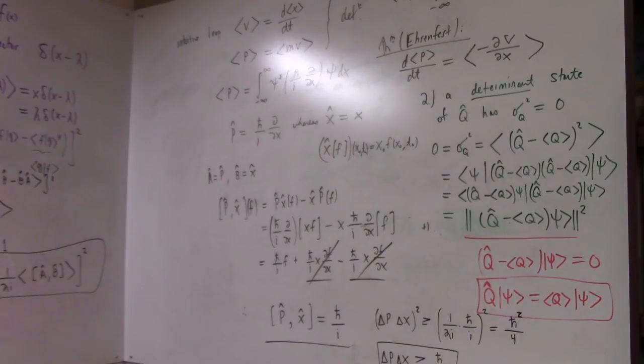Now, I often will give a homework problem where I have you find this fact for yourself directly. If you have an eigenstate of two things that don't commute, you can get contradictions.